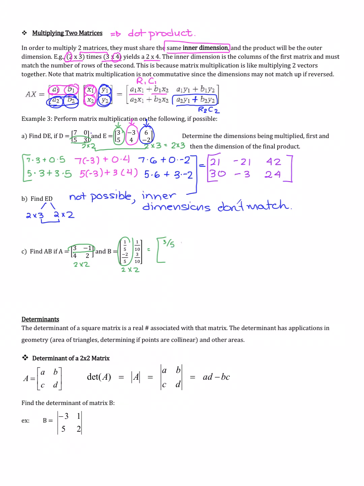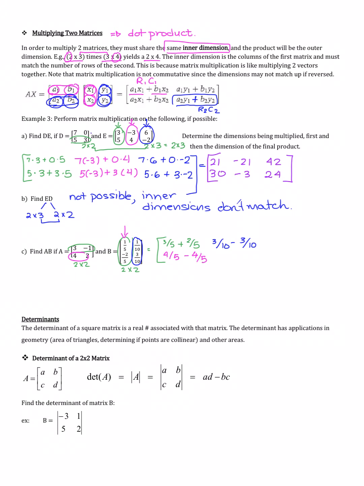Negative times a negative is a positive, so I'm going to add to that 2/5. Then we're going to do row 1 with column 2, which gives me 3/10 minus 3/10. Then we move on to row 2 times column 1. That's going to be 4/5 minus, oh yes, 2 times a negative 2 is a negative 4/5.